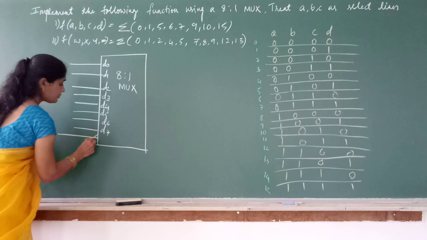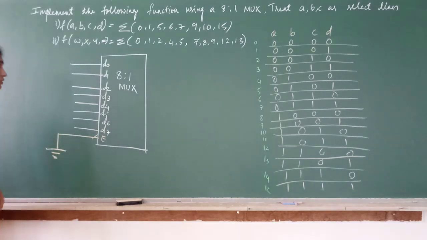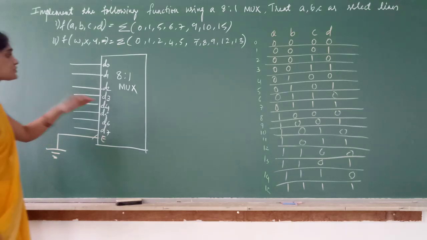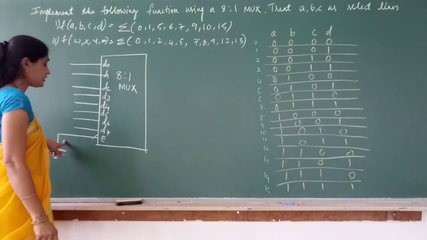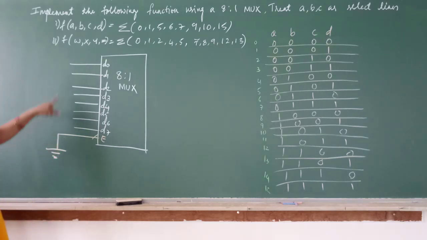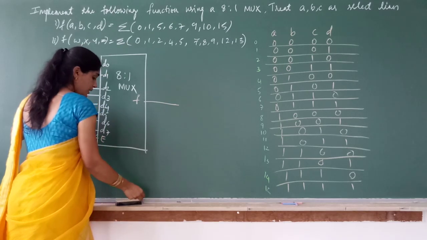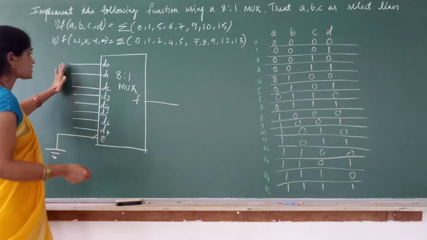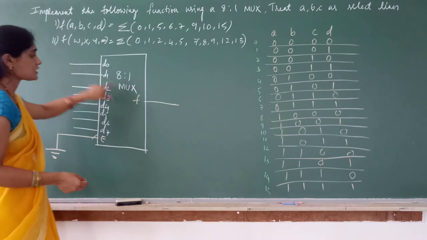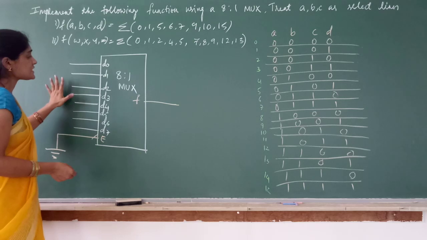That enable input is active low. It has to be connected to ground when we are using our multiplexer to implement a function. Only then will the output, how many outputs do we have? 1. So the output will be equal to 1 of the 8 inputs, correct? The logic value of that particular input will be transferred to the output only when you make the enable input ground. Now this is the IC I have.